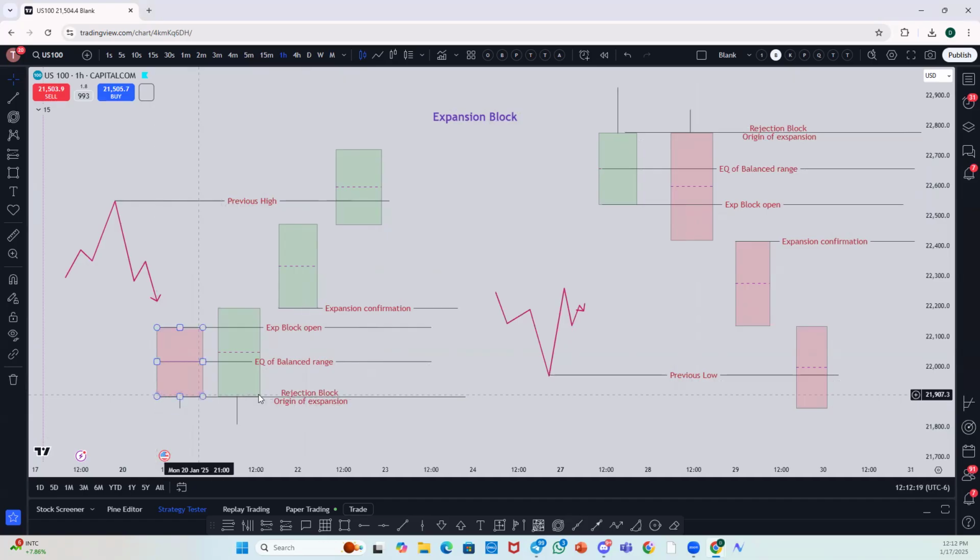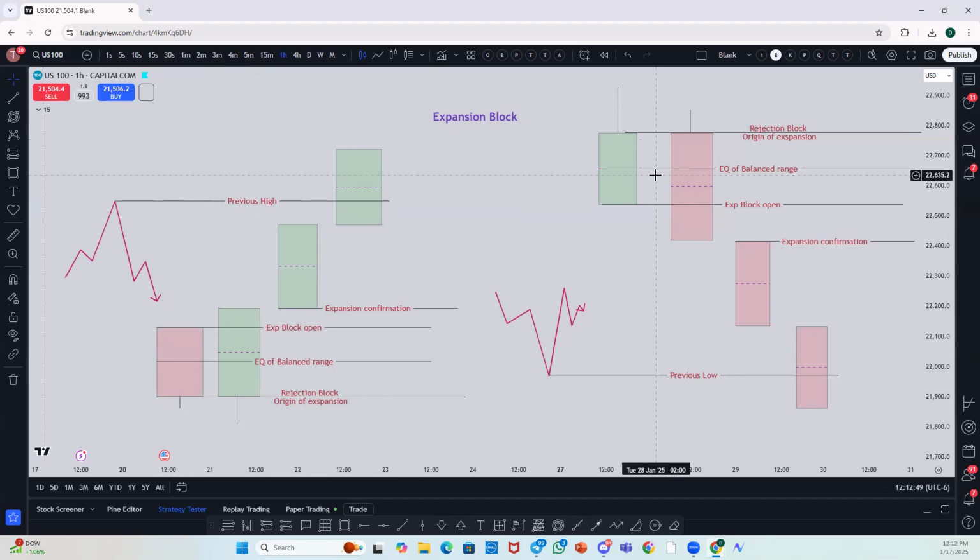This also creates a rejection block. The rejection block is this candle closing price here. When we wick a previous candle and we do not close below the low and the body, this area becomes sensitive on the candle, and we can expect price to have a reaction from there.